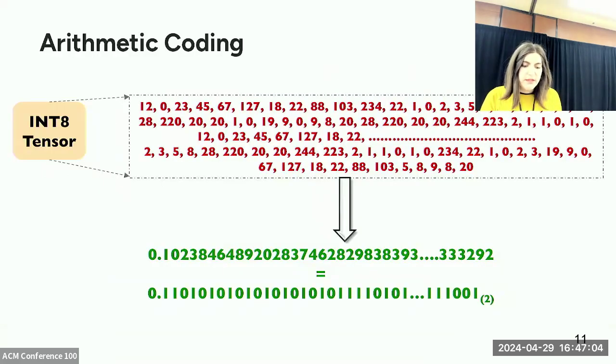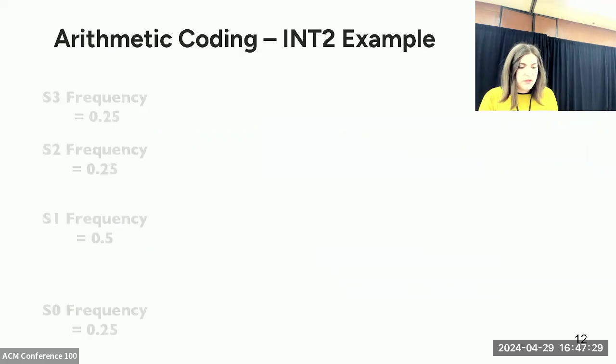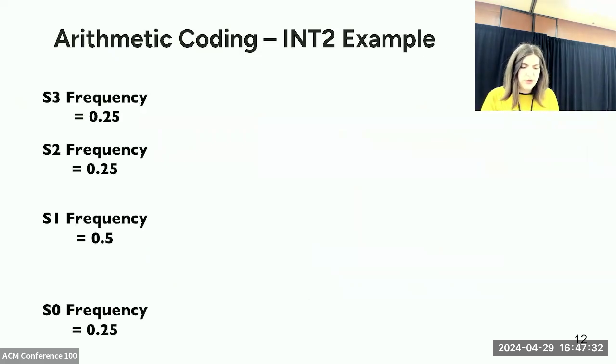Arithmetic coding takes an entire sequence of data samples, in this case the values of an input data tensor, and transforms them to a single real number. The number of bits required to represent the sequence depends on the sequence length, or the number of elements in the tensor, and the frequency of each element. For simplicity, let's consider an int2 tensor as an example. An int2 tensor has four possible values or symbols, from S0 to S3, and arithmetic coding begins by identifying the probability of each symbol in our sequence.